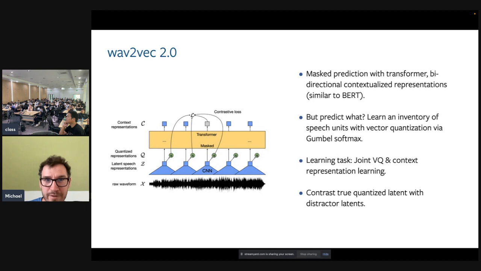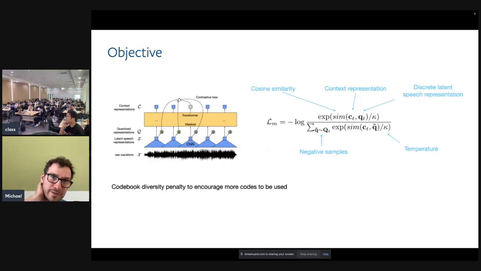So what does that mean in practice? Looking at the loss here, this loss is very similar to what people have used in the computer vision literature. We compute a cosine similarity between what is output by the transformer, which is the CT, and I'm talking about the numerator here, and the discrete latent speech representations, which is what the Q produces. That is a square that has been assigned to that inventory, and it's a representation for that quantized one.